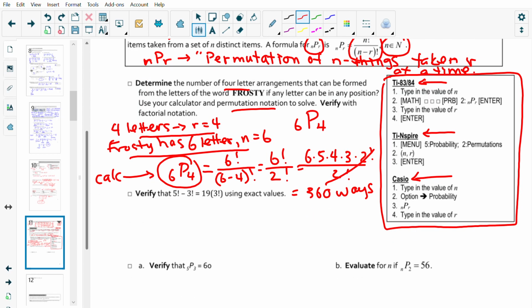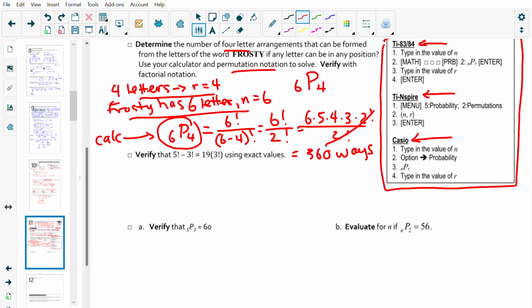Okay, verify. 5 factorial minus 3 factorial equals 19 times 3 factorial using exact value, so no calculator. How do we solve this using exact value? So let's think about rewriting the first part as 5 times 4 times 3 factorial minus 3 factorial equals 19 times 3 factorial. We can do operations on factorials without expanding them using the usual rules of mathematics that we know.